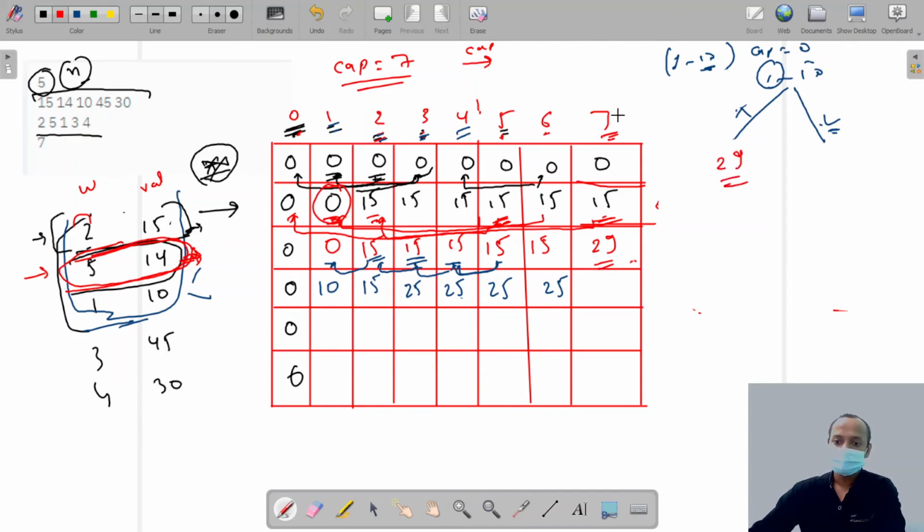If we have 7 capacity of the bag, we generate 29. If we include this item, it means we put this item in our bag, the capacity of the bag left is 6, and we can generate only 15 plus the value of the item 10. So the maximum value we get is 25.